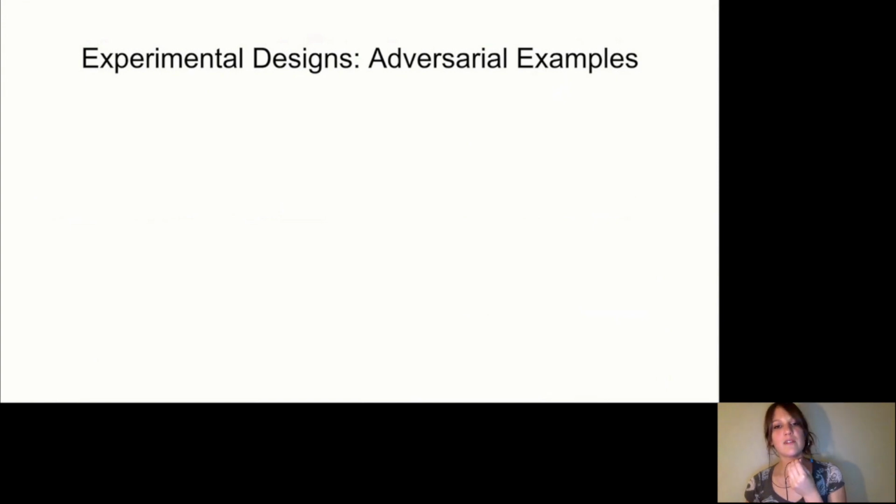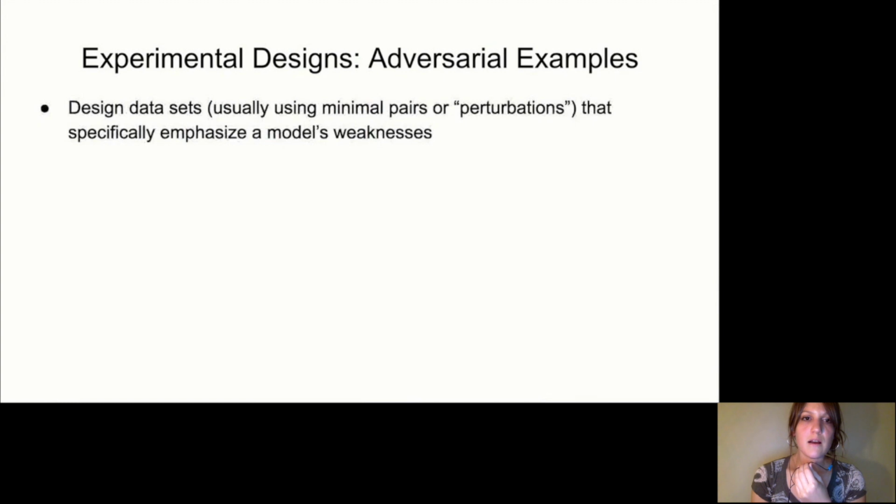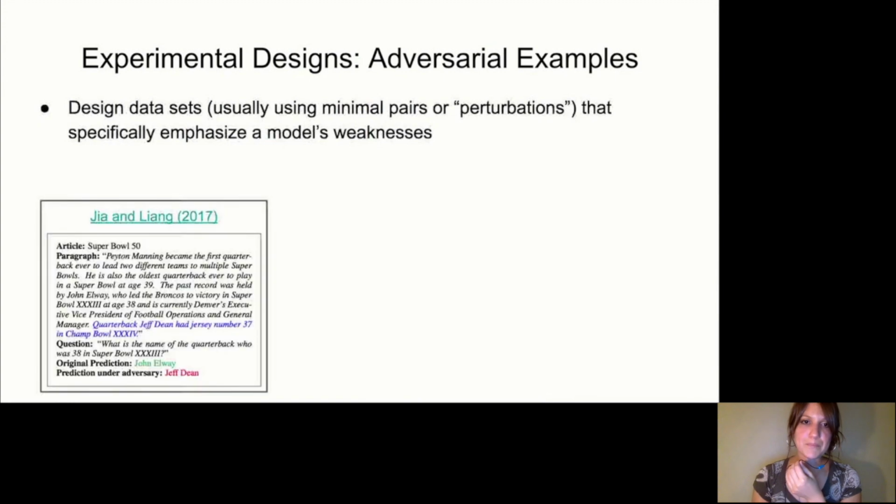And then finally, a maybe more niche but growing interest is the idea of adversarial examples. This is really about particularly targeting weaknesses we think the model has, and constructing data sets to probe at them. So this is more closely tied to practice maybe than theory, compared to the previous approaches.